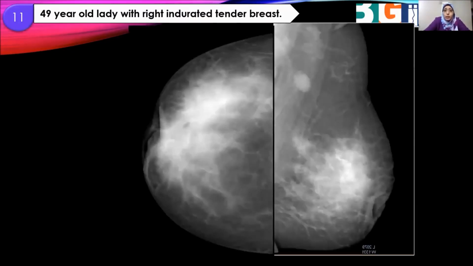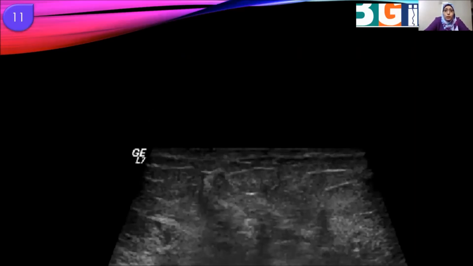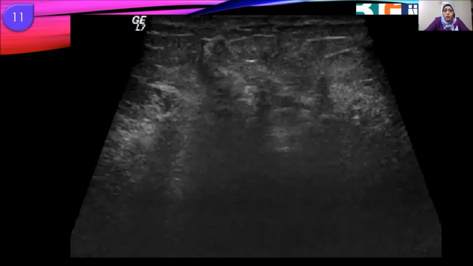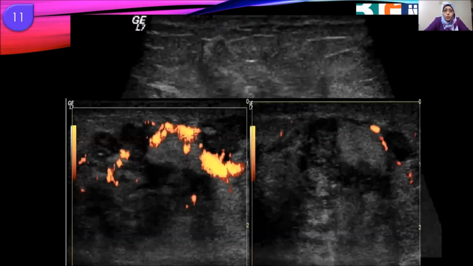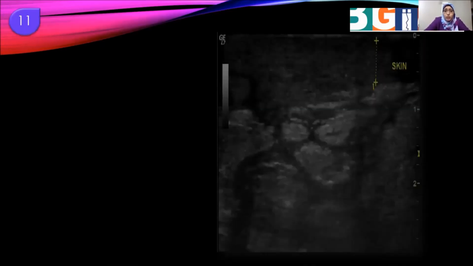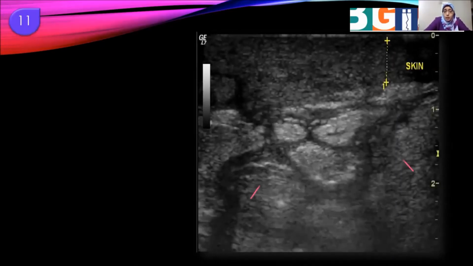For example, this lady coming with a right indurated tender breast, her mammogram showed this global asymmetry with a pathological enlarged lymph node. She performed an ultrasound, which showed this ill-defined hypoechoic area, which was highly vascular on the color Doppler, with overlying skin thickening and underlying interstitial edema, and the ipsilateral lymph node was pathological.